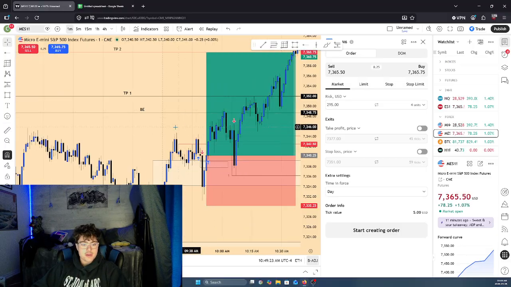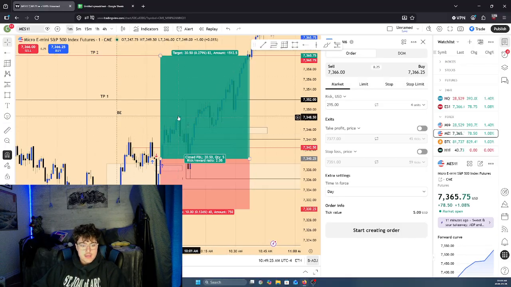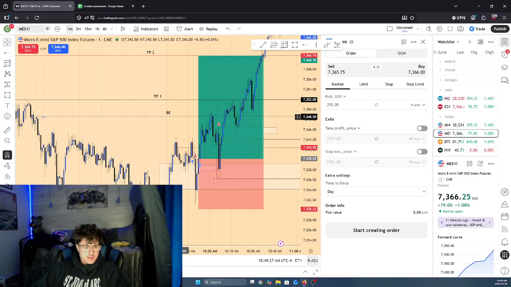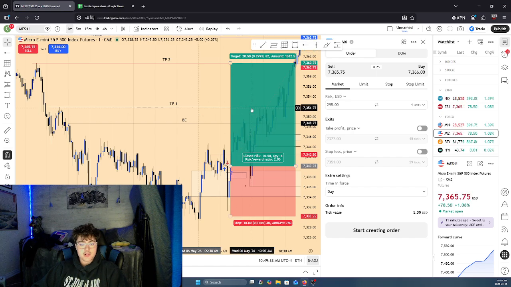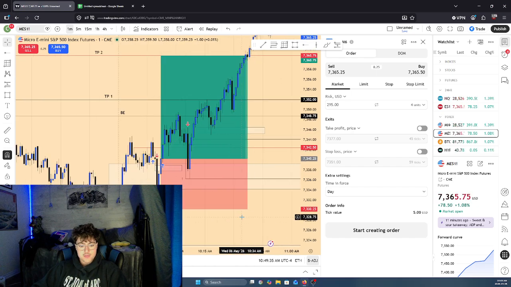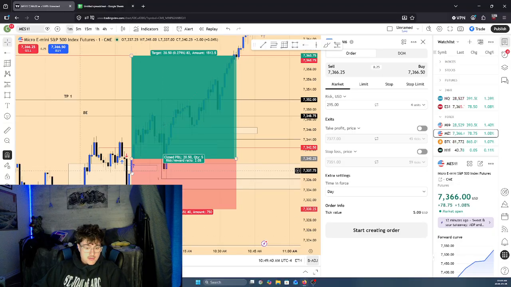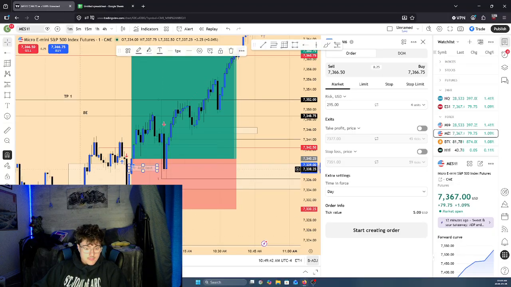Actually, no, I didn't go break even here. Sorry, we came up, hit these highs, which I wasn't looking at, but in my head I was like, okay, we're close to TP1. Let's think about moving stops up, not break even, up. I saw this fair value gap that we had here.